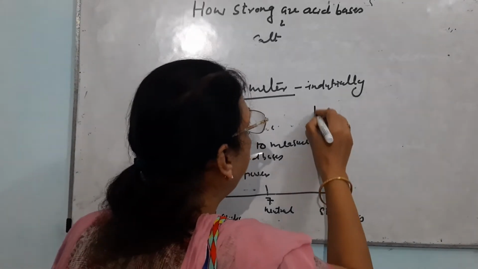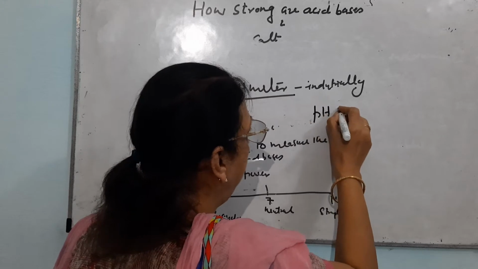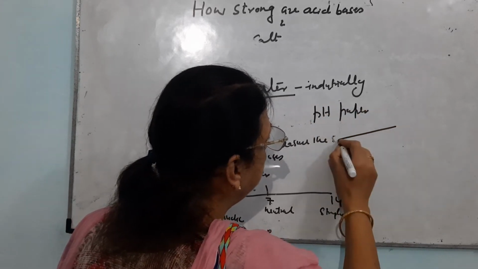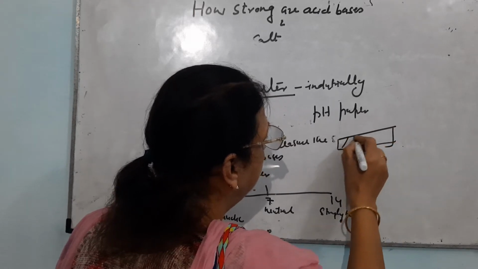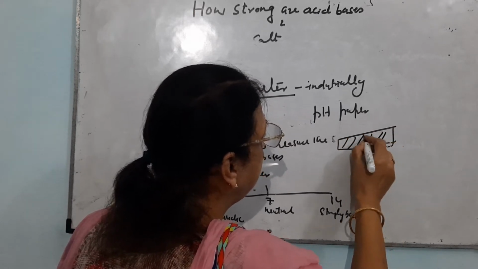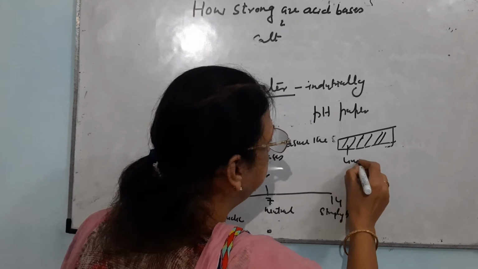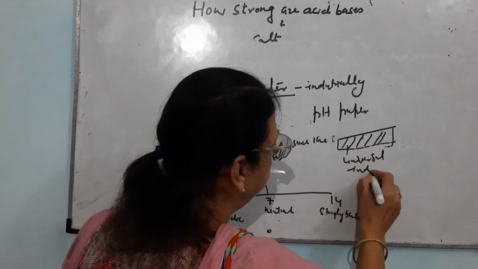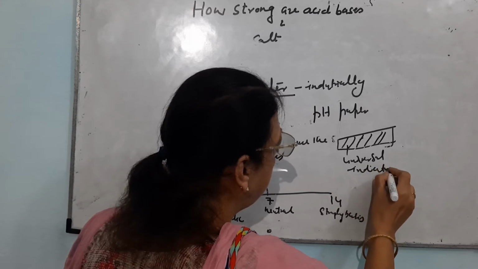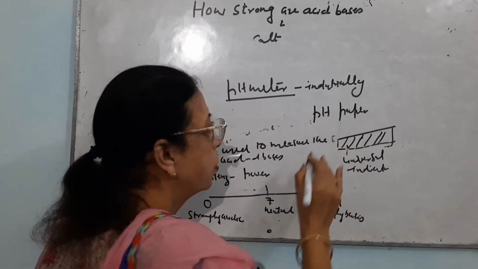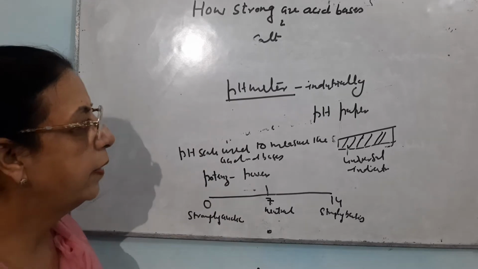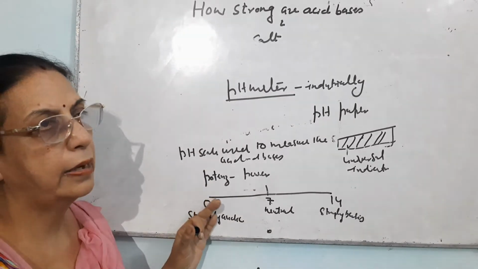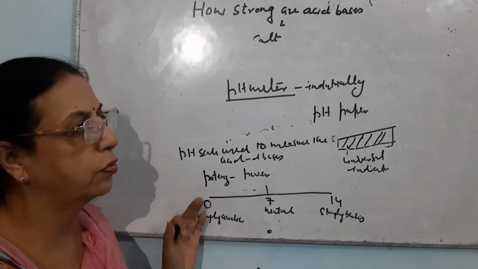There is one paper known as pH paper. On this paper, universal indicator is rubbed and trapped completely. So this gives different colors with different strengths, or different concentrations of hydrogen.